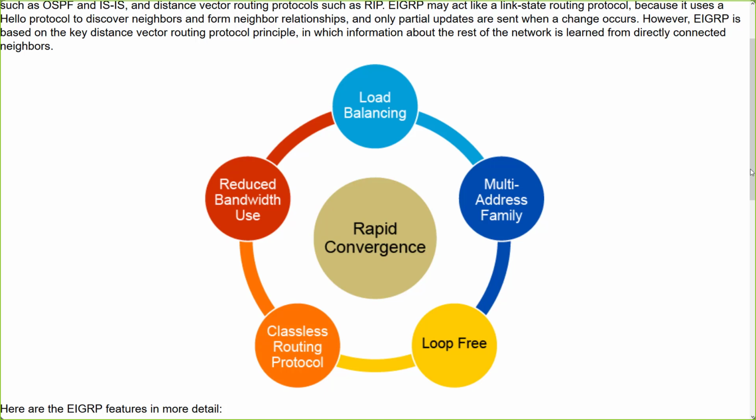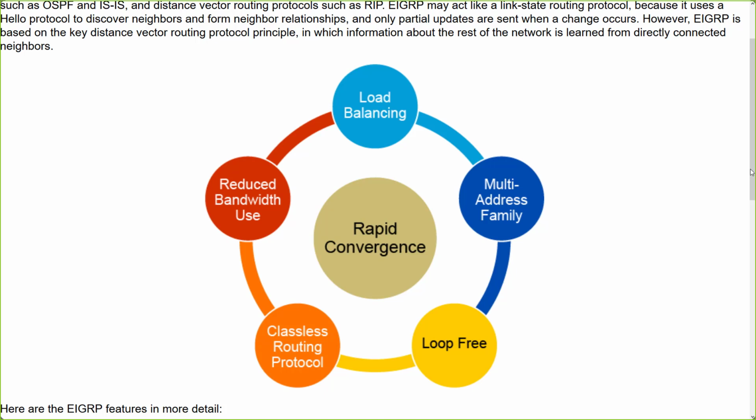I don't know that we'll get into the differences between distance vector and link state in this courseware, but there are significant differences between a link state routing protocol, which would be OSPF and IS-IS, and a distance vector routing protocol, which would traditionally be EIGRP and RIP, right? Distance vector routing protocols traditionally did periodic updates, which meant that they would send out updates every X number of seconds. RIP would be every 30 seconds, and EIGRP would send out updates every 90 seconds.